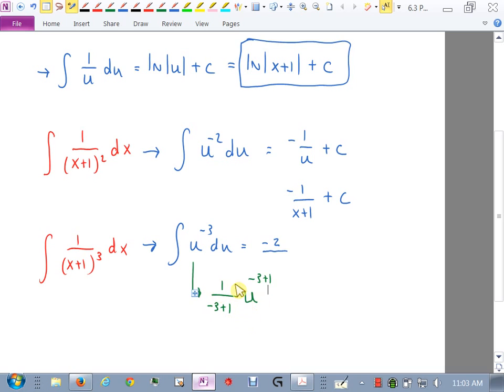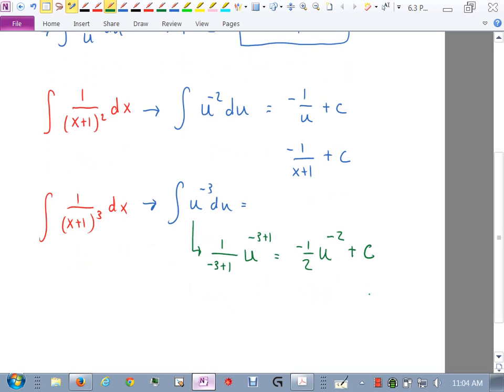Y'all agree with that? That's the actual power rule. So it would be negative 1 half u to the negative 2 plus a constant. And if I rewrite it, that's negative 1 over 2 times x plus 1 squared, plus c.